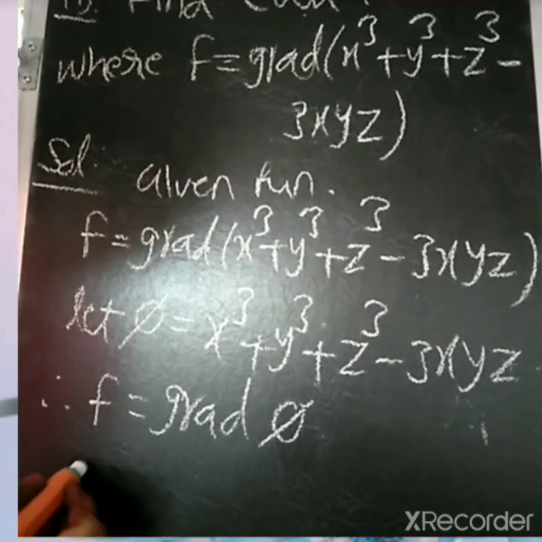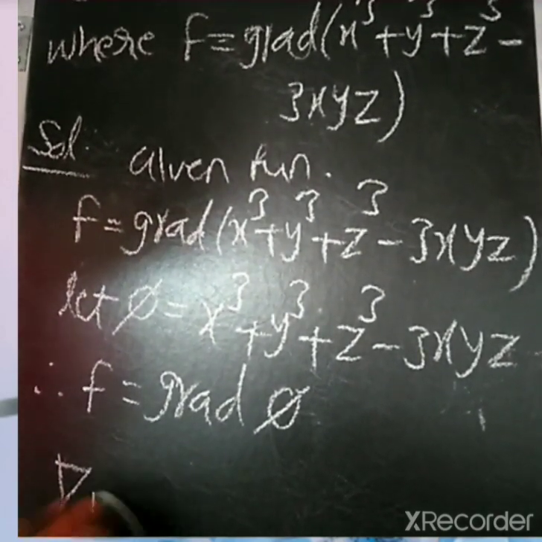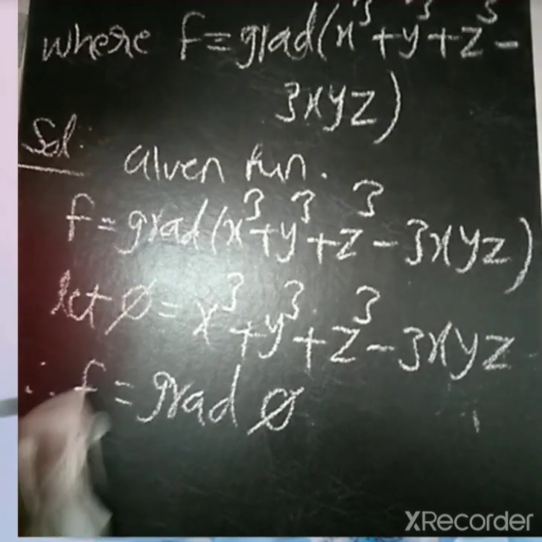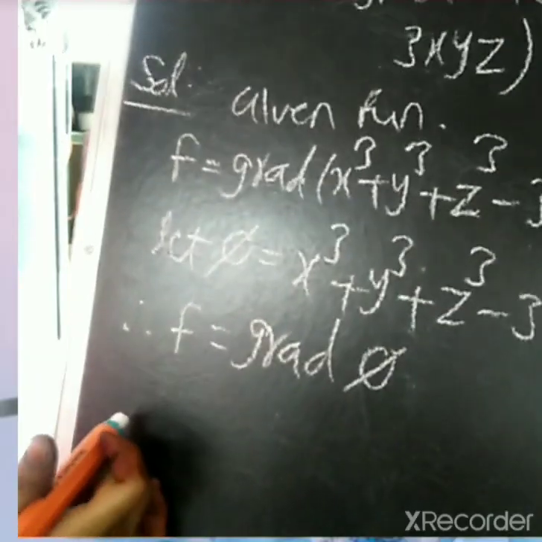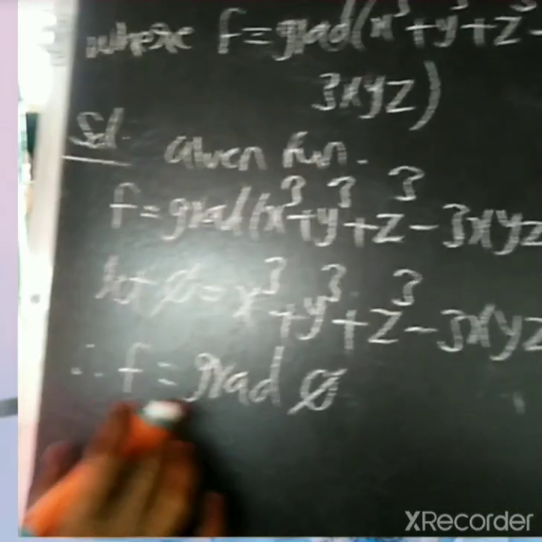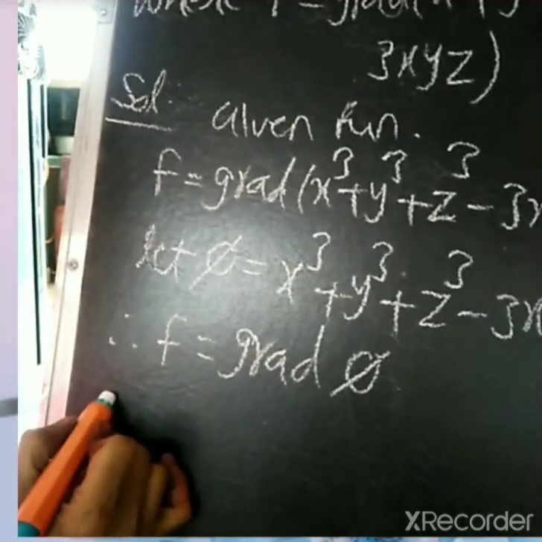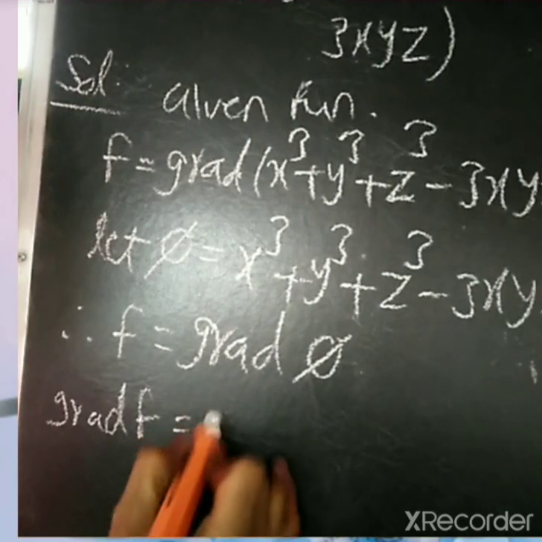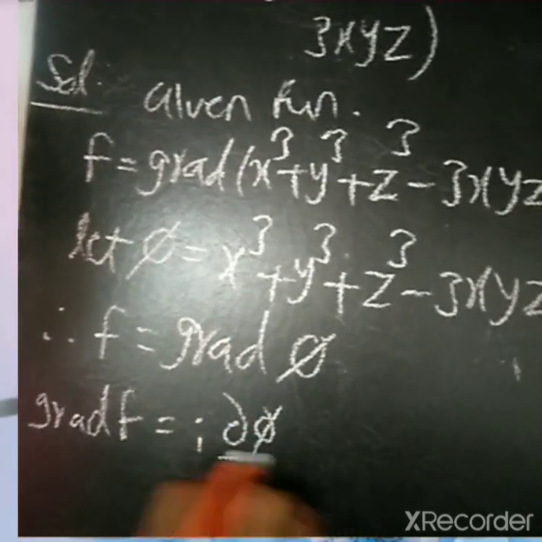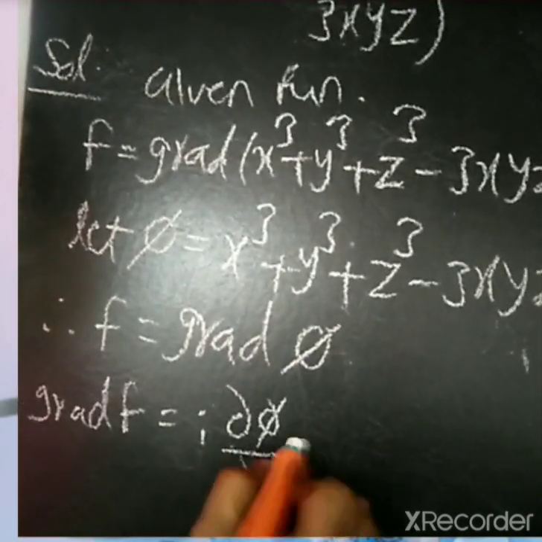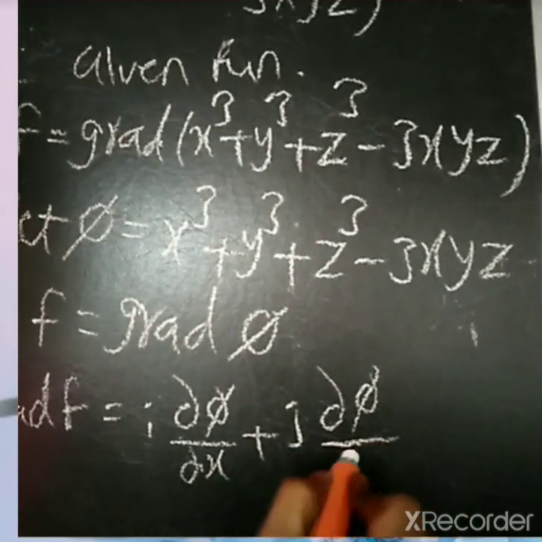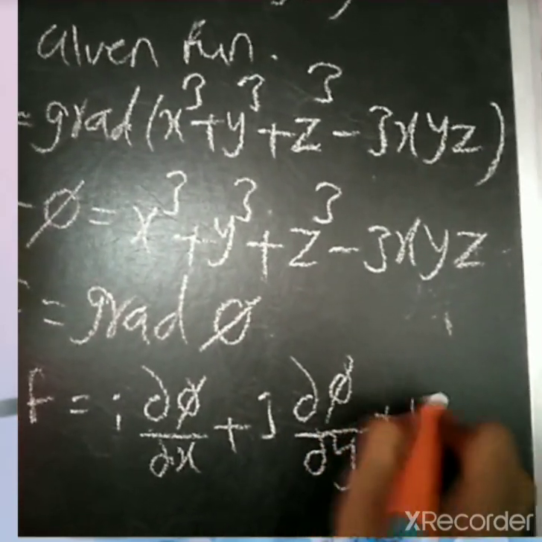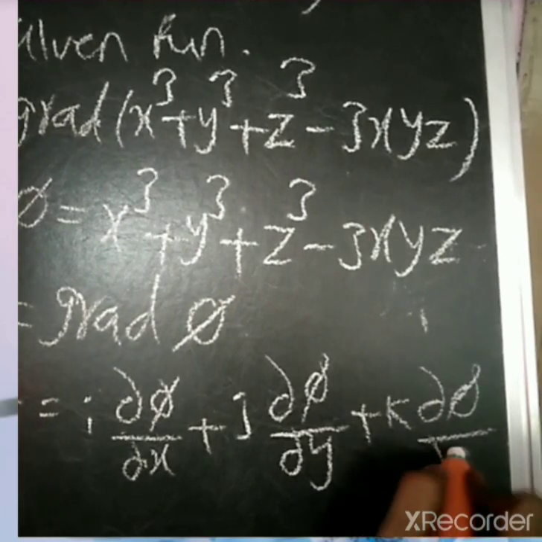So f is equal to grad phi. Then grad phi is equal to i dou phi by dou x plus j dou phi by dou y plus k dou phi by dou z.